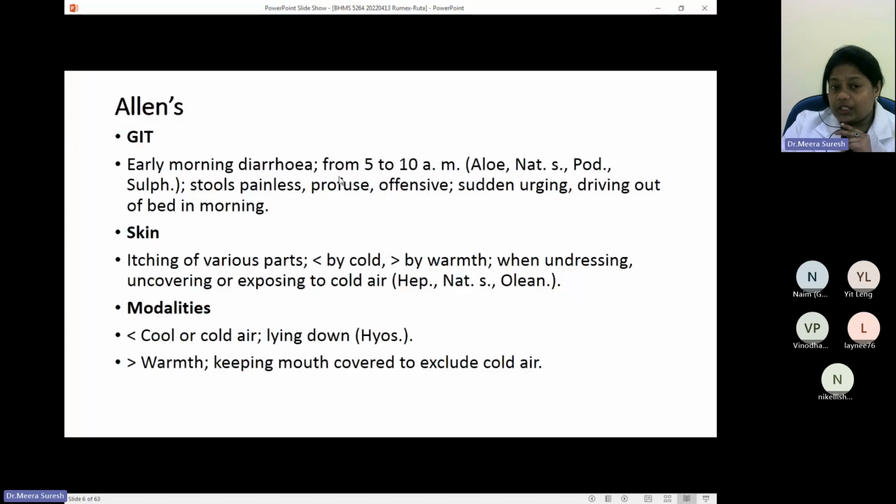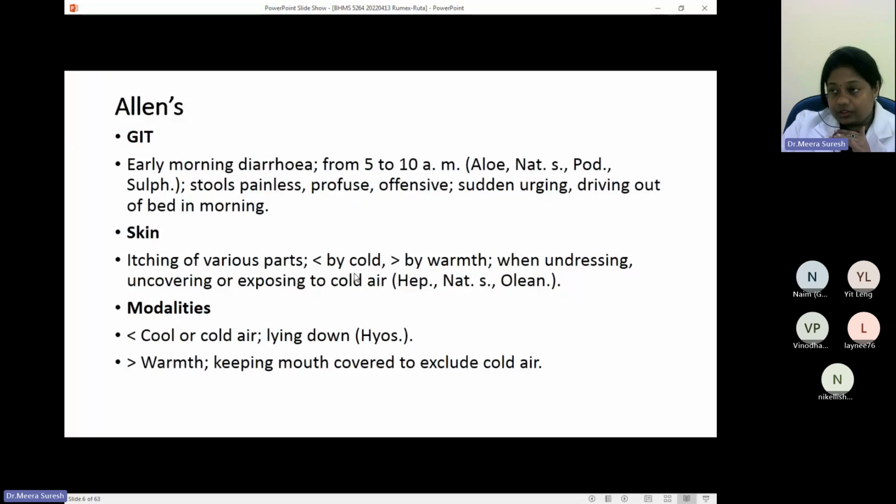And the feature is that the respiratory complaint is associated with early morning diarrhea. The stool will be painless, profuse, and very offensive, with sudden urging that drives the patient out of bed in the morning. And on the skin, there is itching in various parts, like urticaria, with aggravation by cold.